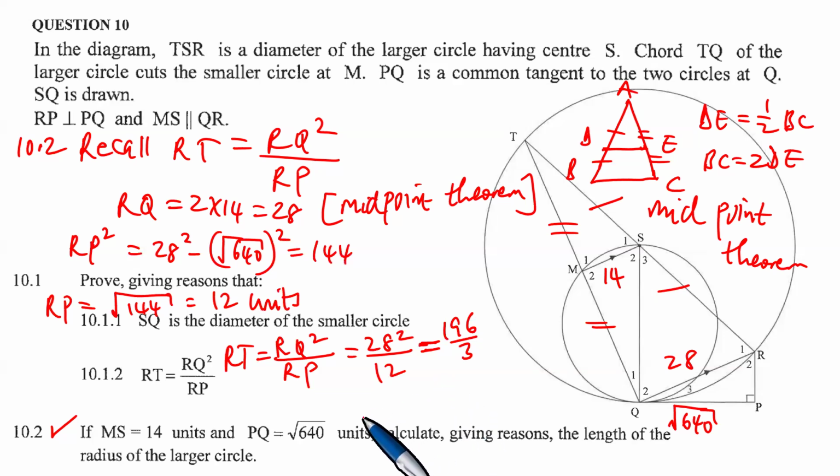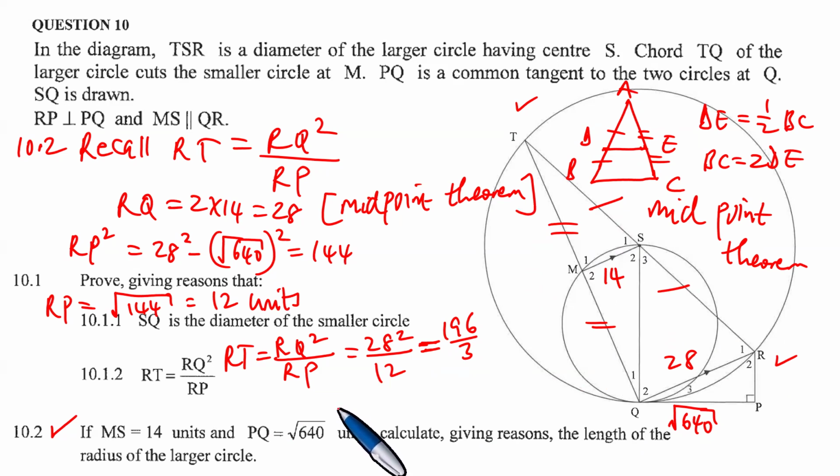196 over 3. Now we need to remember that this is RT, and RT is a diameter, because from R to T we have a diameter, and therefore we just need the radius. So we need half of RT.